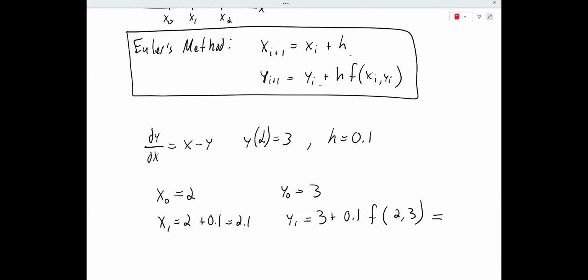That's 3 plus 0.1 times f evaluated at 2, 3. You put in 2 for x and 3 for y, so you get -1. So you get -0.1, and it comes out to be 2.9. So that'd be your y sub 1.